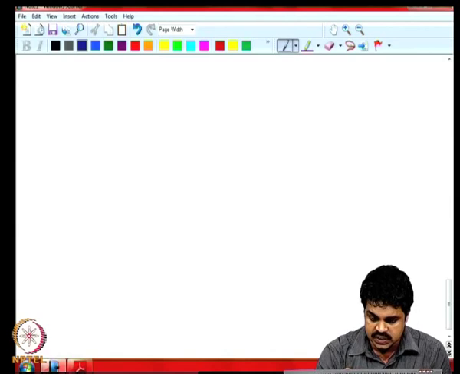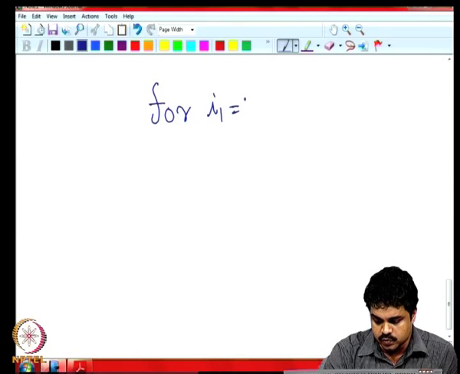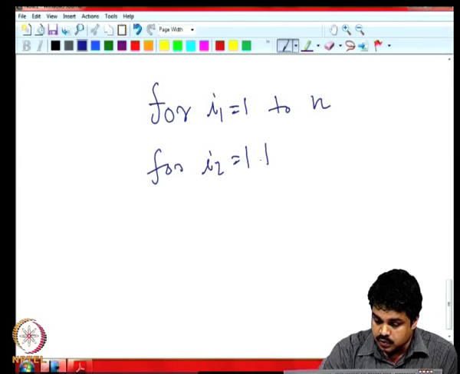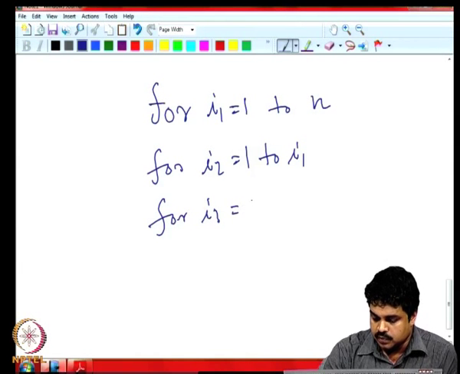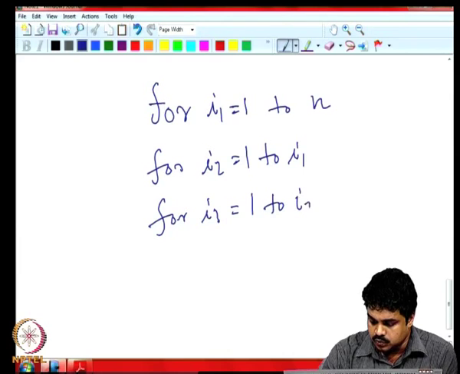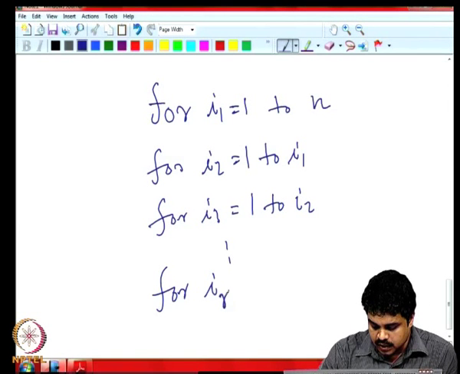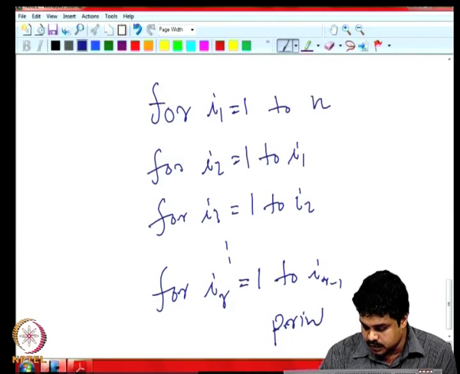Now we can see that we can always generalize. Suppose there were not just 3 loops: for I 1 equal to 1 to n, for I 2 equal to 1 to I 1, for I 3 equal to 1 to I 2, like that we could have written r such statements, for I r equal to 1 to I r minus 1, and then print something.